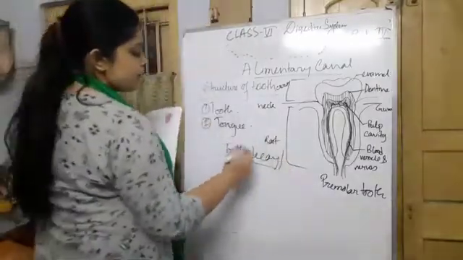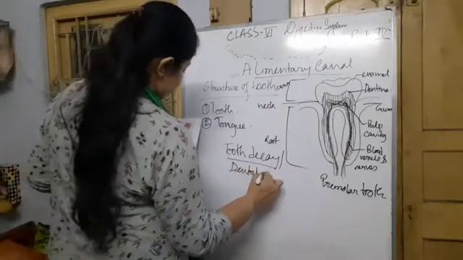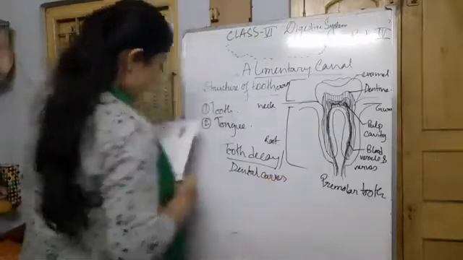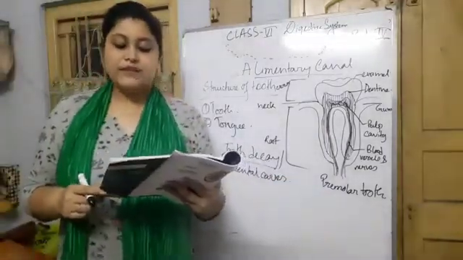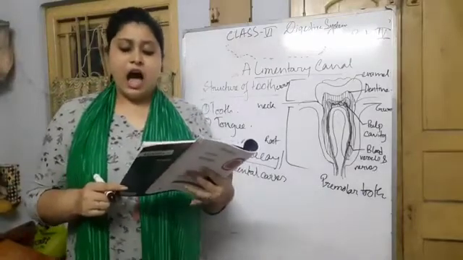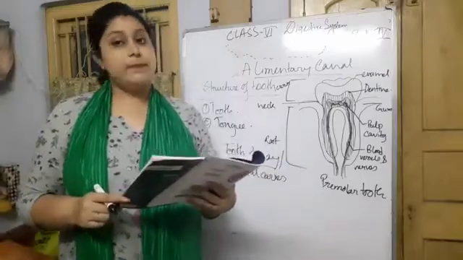The common name of tooth decay is dental caries. Many a time, a mixture of saliva, food and bacteria begins to form over the teeth within half an hour of eating. It is known as dental plaque.